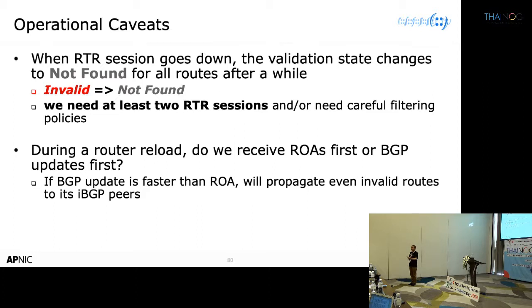In the APNIC training lab, I run 4 validators. That's just for me to prepare these kinds of slides, but my routers talk to at least 2 validators. And since you have to do 2, try 2 different validators. Maybe one Routinator, one OctoRPKI, one Dragon Research, or one FORT Validator, up to you. At least have 2.